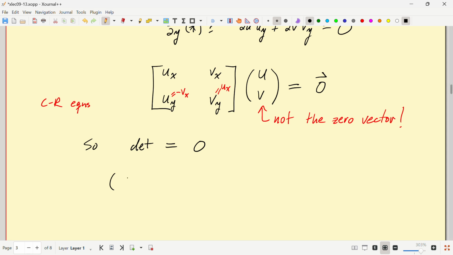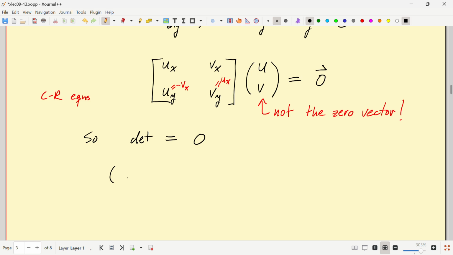Getting rid of either the y derivatives or the x derivatives is the smart way to use them. What's left here is du dx squared plus dv dx squared, and that's equal to 0. That's the determinant.